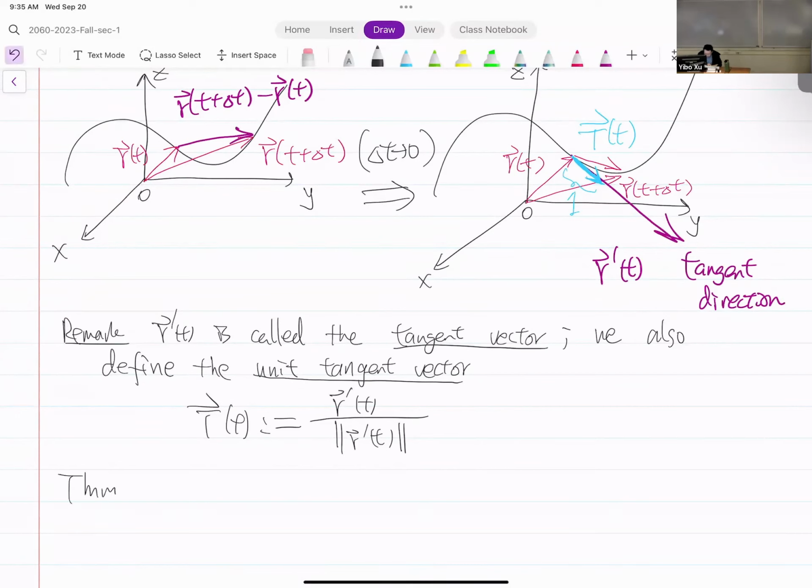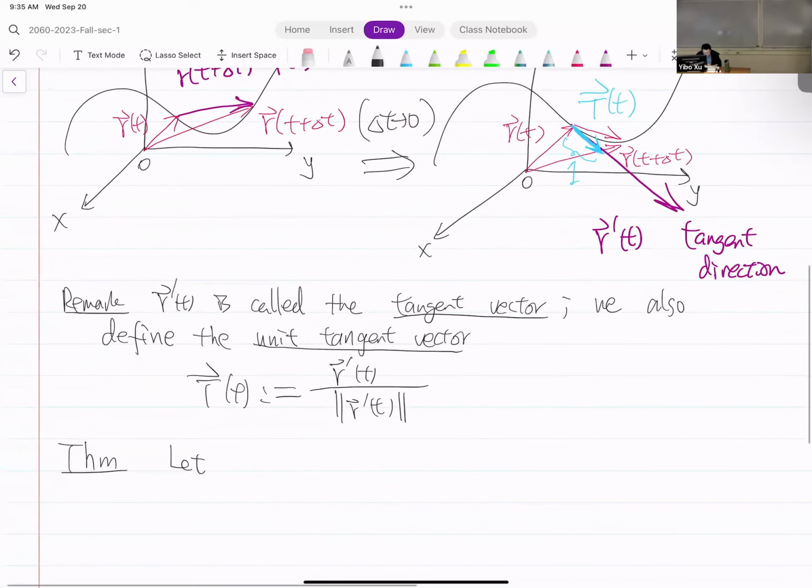Theorem. Let r of t be the vector function f of t, g of t, h of t, with those components.